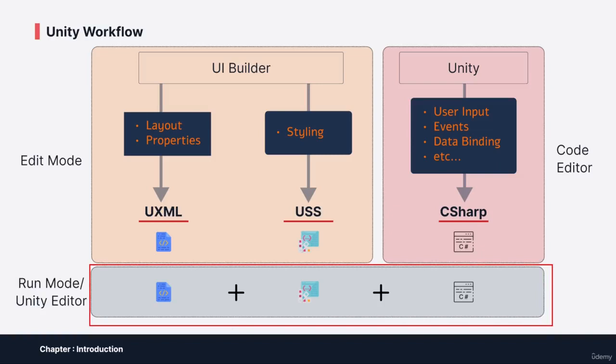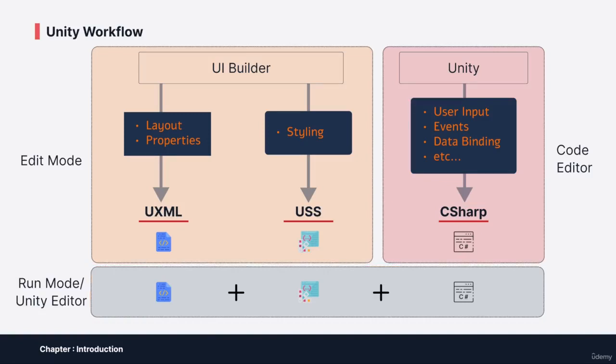But that will be just very quickly, just to have this complete workflow overview of how it basically works. And then the rest of this course will be a much deeper dive into much more complicated C# scripts and what you can do with them.